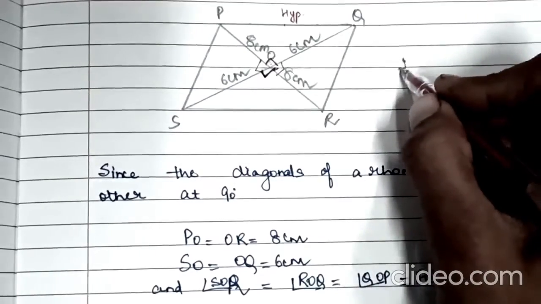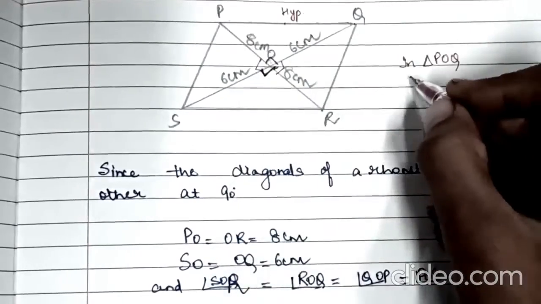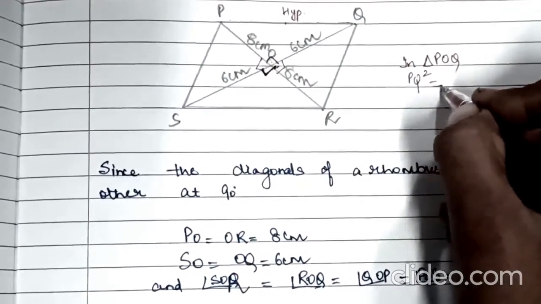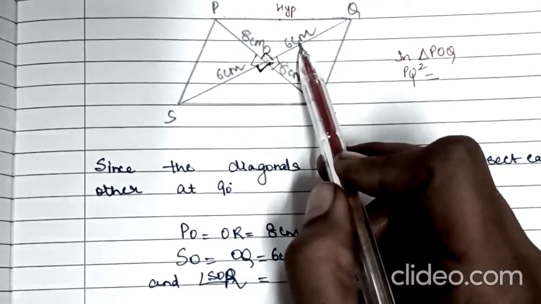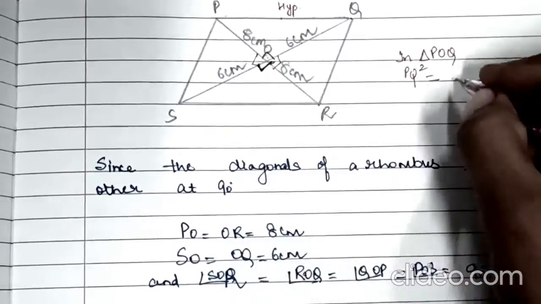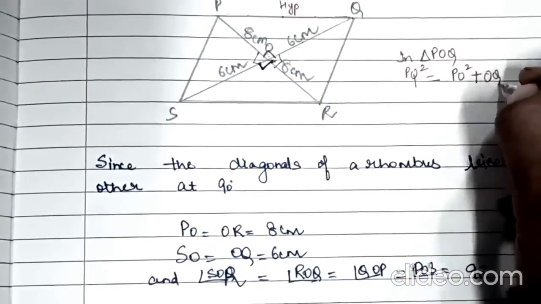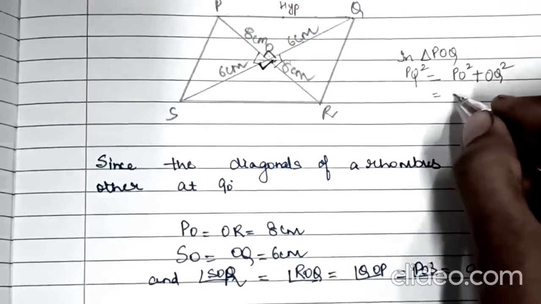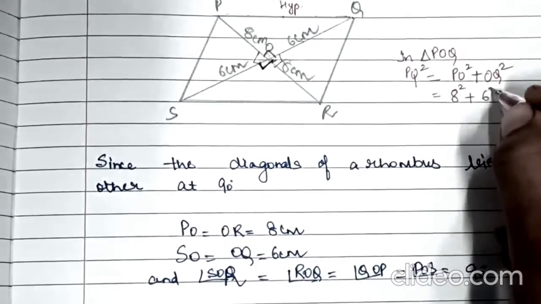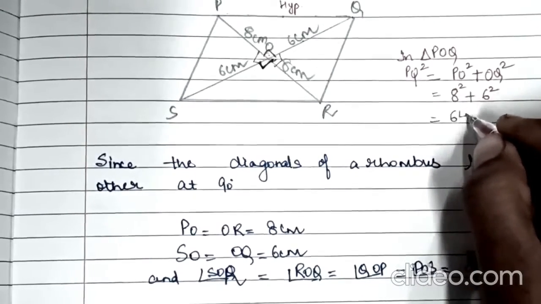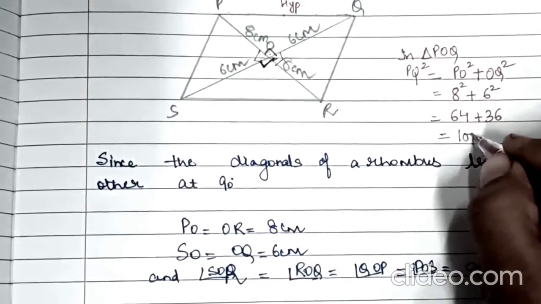So now in triangle POQ, hypotenuse square, that is PQ square, will be equals to sum of squares of other two sides, that is PO square plus OQ square. So PO is 8 square, OQ is 6 square, that is 64 plus 36 will give us 100.